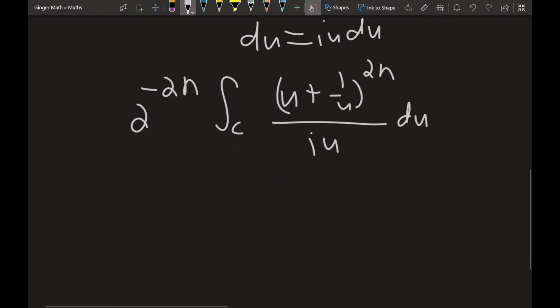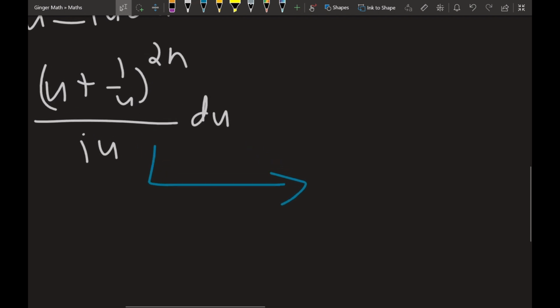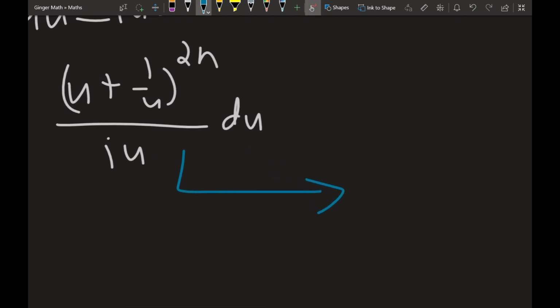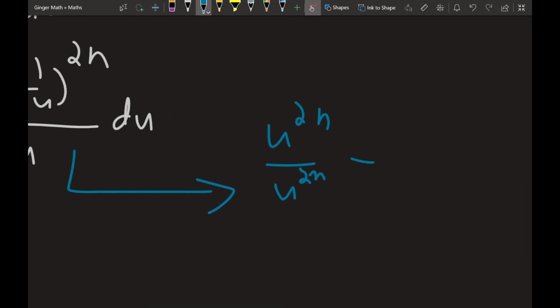And I'm just going to simplify the integrand a tiny bit more just so that we can take advantage of the residue theorem. So I'm just going to multiply top and bottom by u to the 2n, meaning that our integrand is just going to become u squared plus 1 to the 2n divided by u to the 2n plus 1.